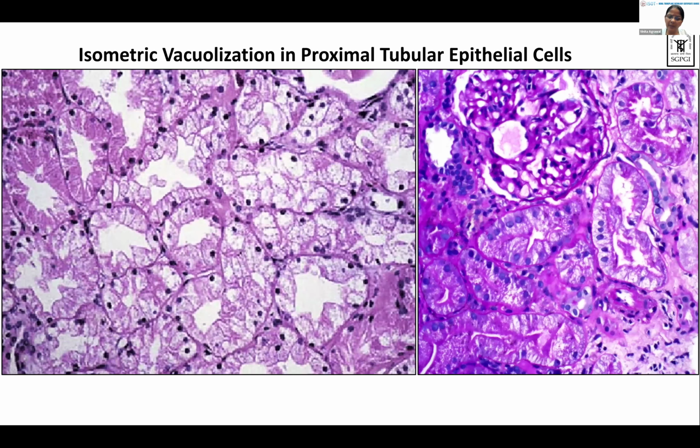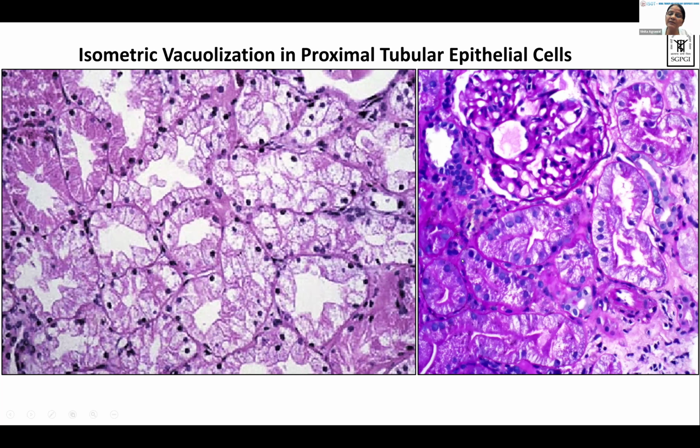This is a photomicrograph to show isometric vacuolization in the proximal tubular epithelial cells. You can see these tubular epithelial cells are all swollen. These are the proximal tubules, and they are filled up with vacuoles.